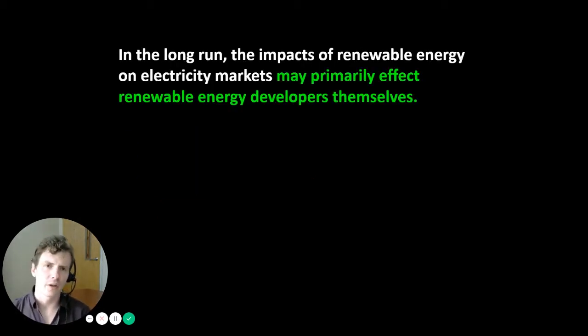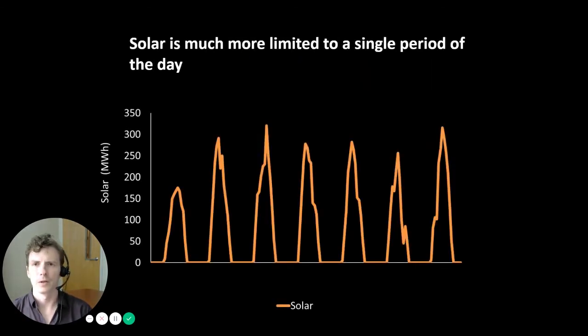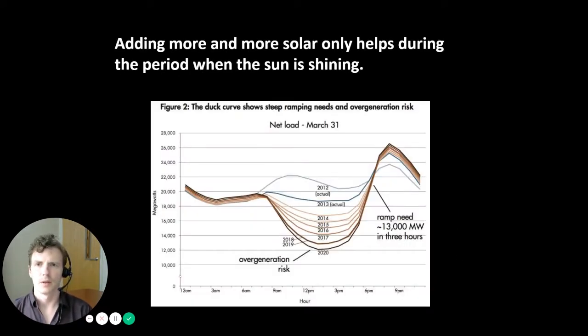Interestingly, in the long run, the impacts of renewable energy on electricity markets may primarily affect renewable energy developers themselves. For example, solar is much more limited to a single period of the day. And what that means is that adding more and more solar only helps during the period when the sun is shining.